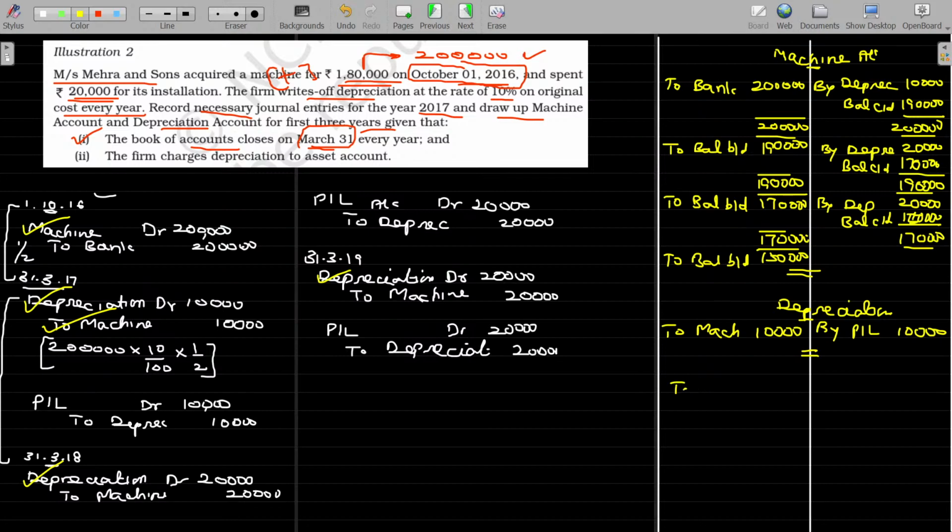Second year also you repeat the same, to machine account 20,000, and by P&L account 20,000. To machine account the last year 20,000, by P&L account 20,000. Is that okay? Come on, finish up copying this.